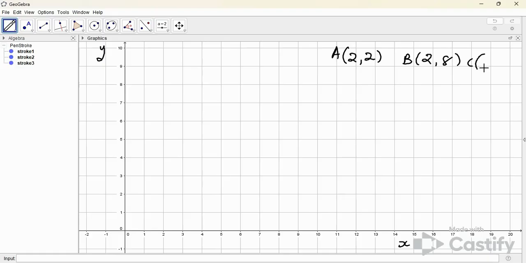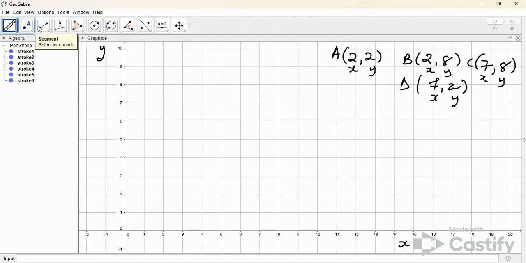C is 7, 8. I may have to undo this. Let me undo this. 7, 8. And D is 7, 2. So you have again X followed by Y, X followed by Y. Let's try and put on the points.